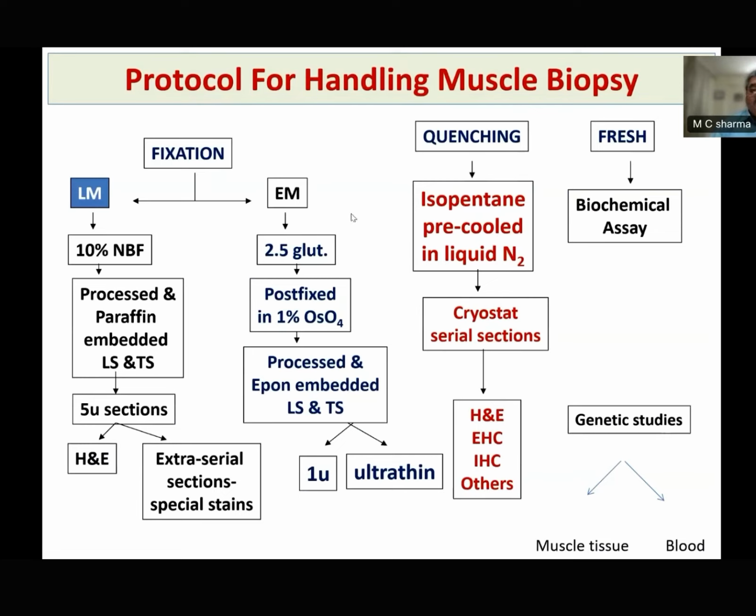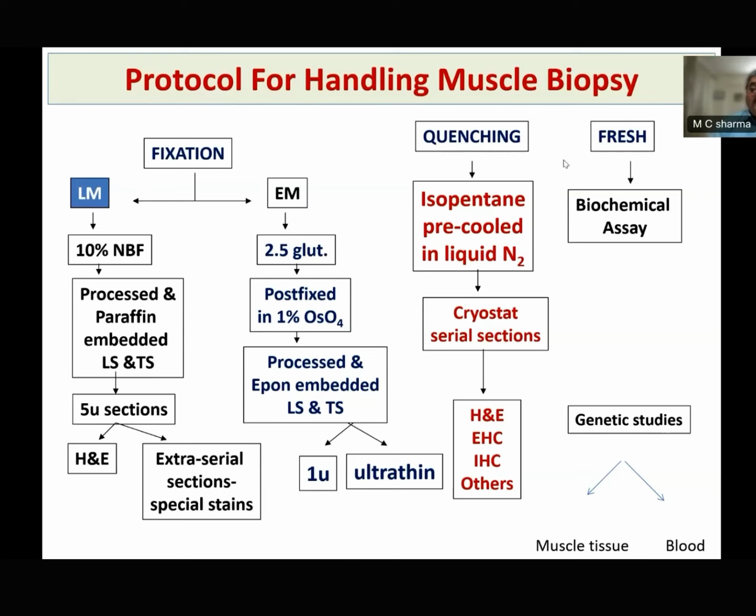Light microscopy may not be very useful if the muscle piece is small, but if the piece is larger, one can put some in formalin, it may help. But by and large, fixation in buffered formalin is not very helpful.